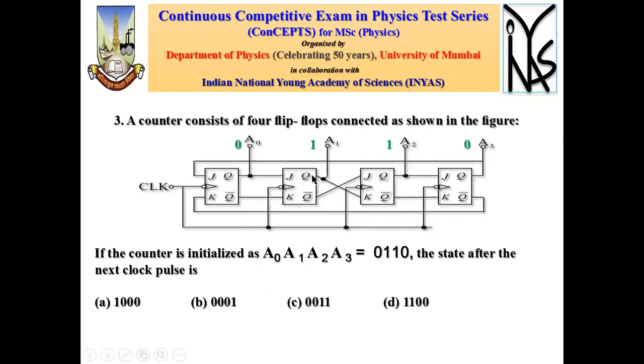So this is the cross connection. A0 appears at the next J, A1 appears at the next K2, A2 appears at J3, A3 appears at J0.